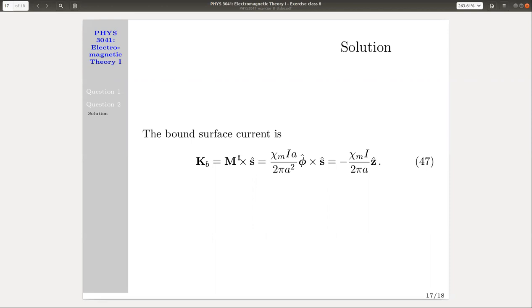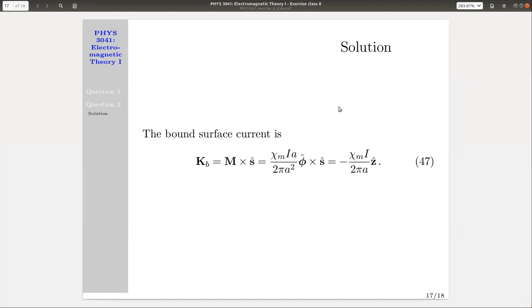The next thing is to substitute the M that we just found, and then you will see there's a cross product between two unit vectors, the phi hat and s hat, and you can simply use the right-hand rule.